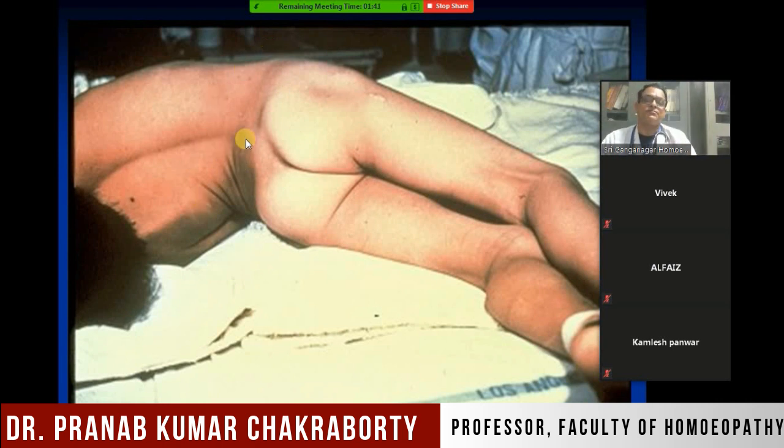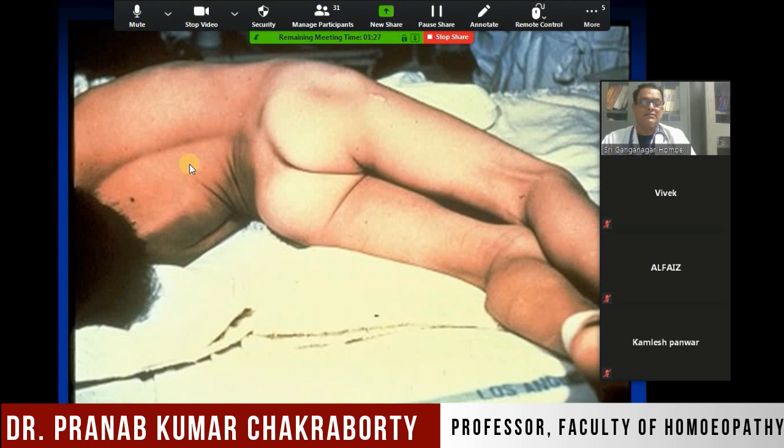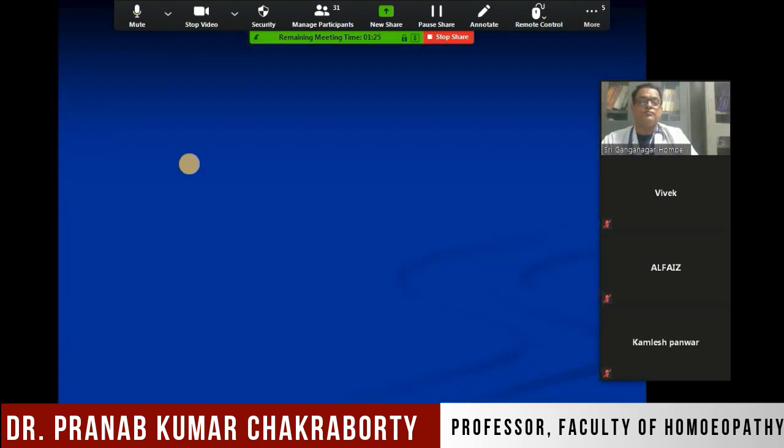Sometimes it is so vigorous that there is no gap in between, and the patient gets no relief from the spasm. We get a continuous spasm, and the patient's appearance will be like a bow.